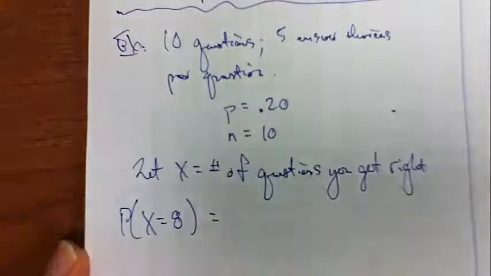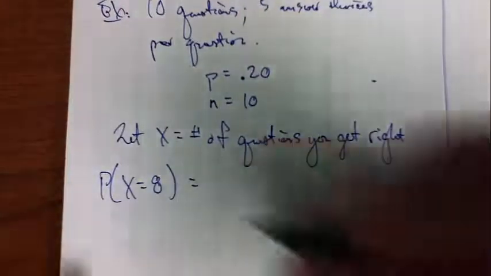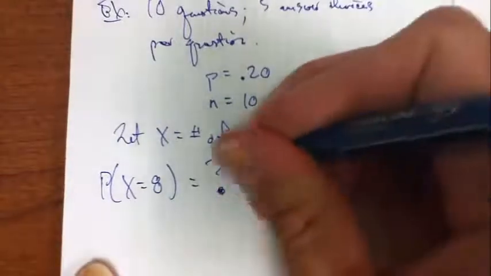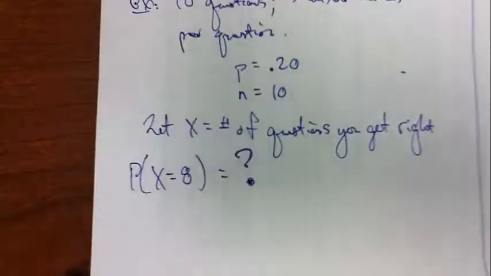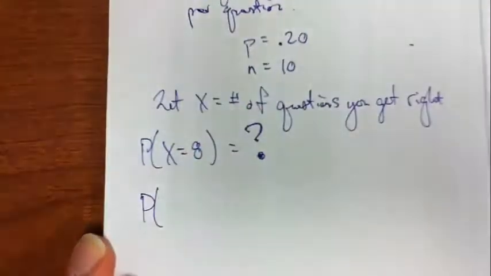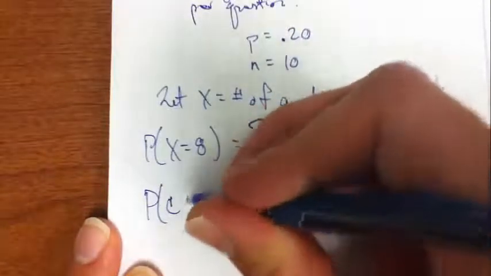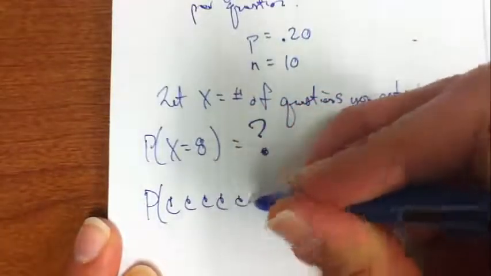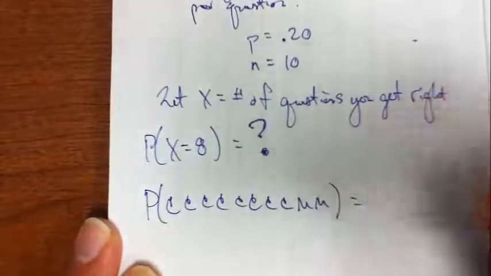Exactly 8 out of 10? Well, I don't know how to do that, but I do know how to do this: what's the chance that I get the first 8 correct and then miss the last 2?